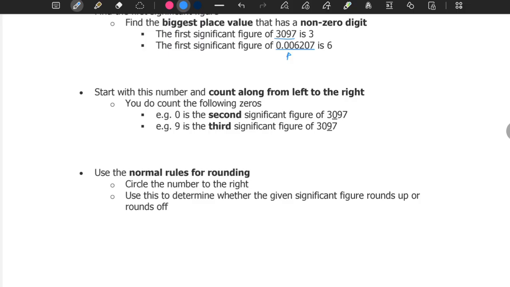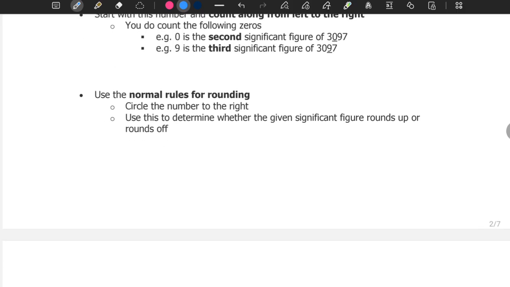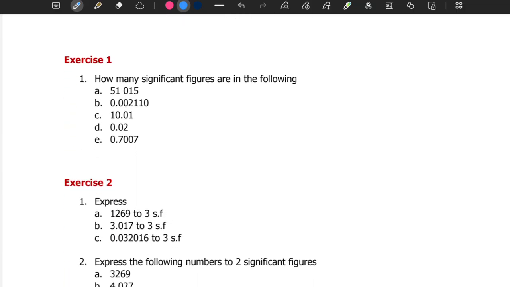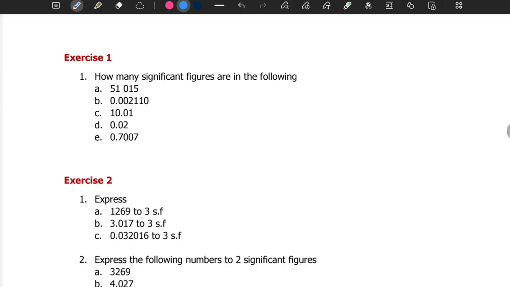So start with this number and count from left to right. That's what we're doing for the examples that we did. In this exercise, you're asked to identify how many significant figures are in the following, so you can do A to E. I can do B for example, where we have 0.002110.